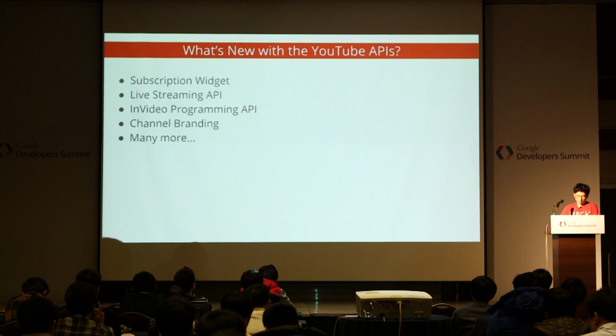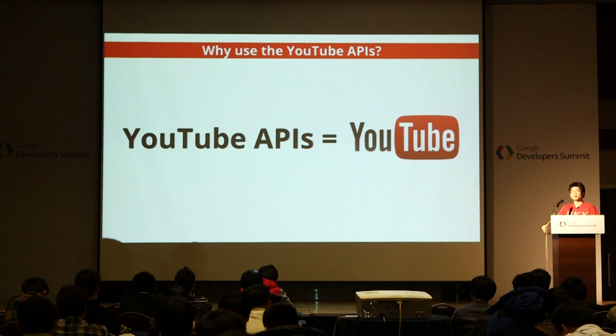The reason why we are trying to put lots of features into the YouTube API is that we are trying to make the YouTube API equal to YouTube itself. So let me explain about this.